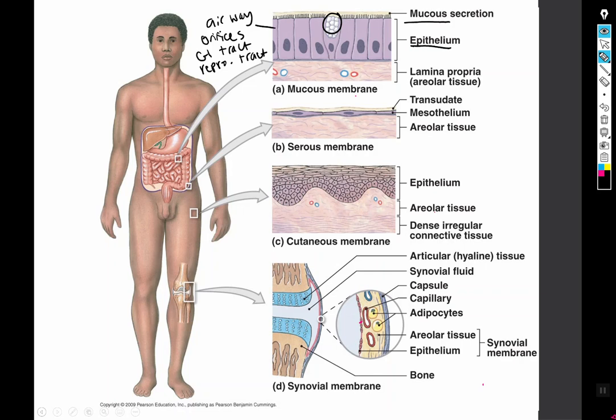Serous membranes line things like your pleura, which line your lungs, your peritoneum, which lines your abdominal cavity and your pelvic cavity, and your pericardium. So your lungs, your intestines, your stomach, and your heart are all organs that are made of muscle and are in motion.